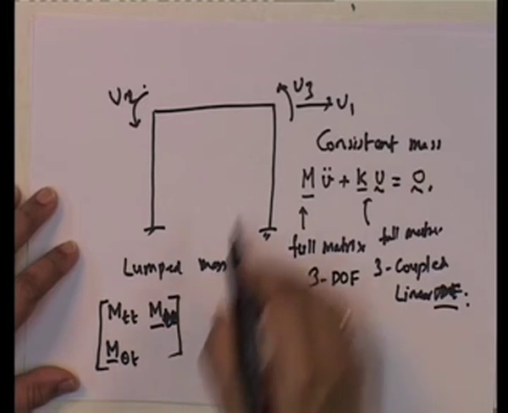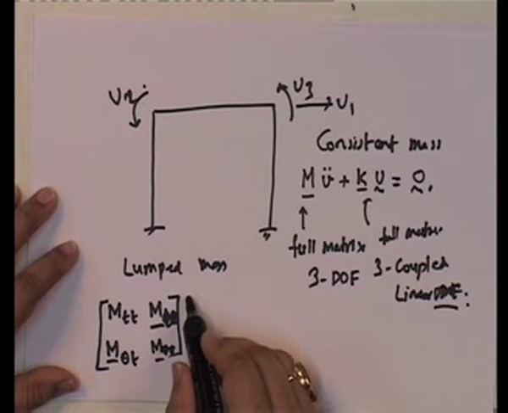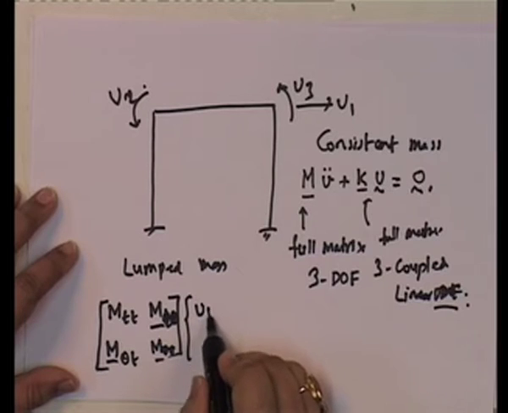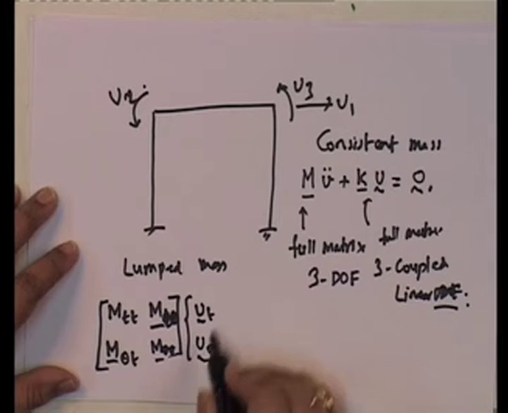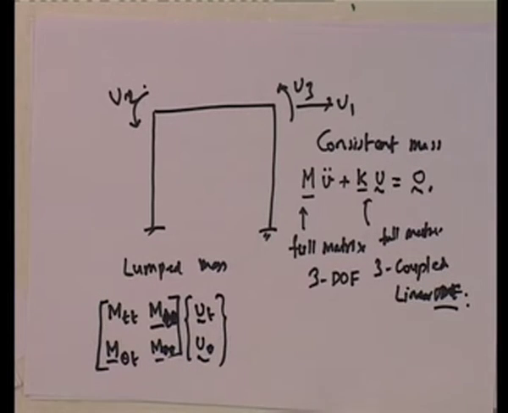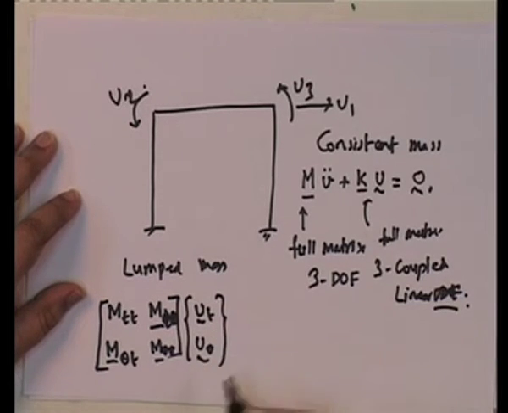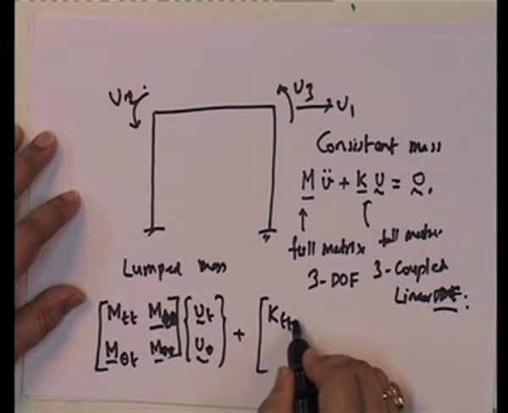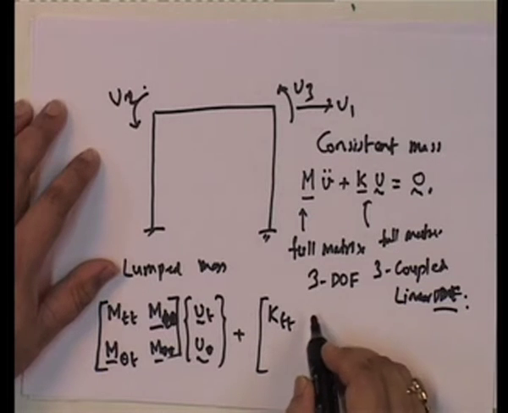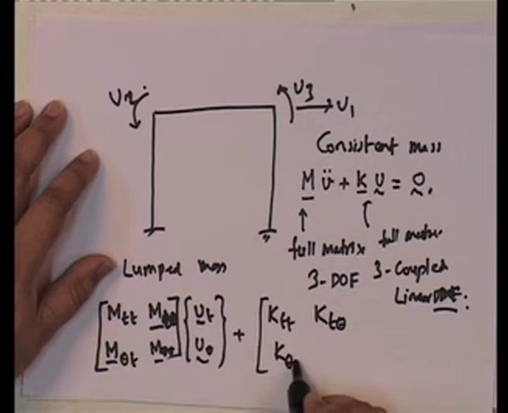This is the matrix in this particular case, and this is M theta theta, where V t is the translational degree of freedom and V theta the rotational ones. So I am substructuring the matrix to take the translation degrees of freedom and theta degrees of freedom, plus k t t, k t theta, k theta t.